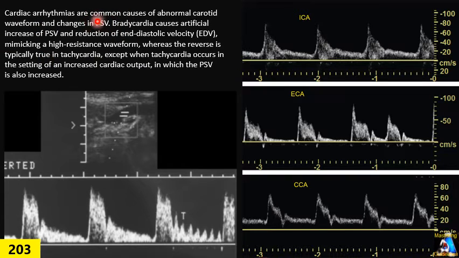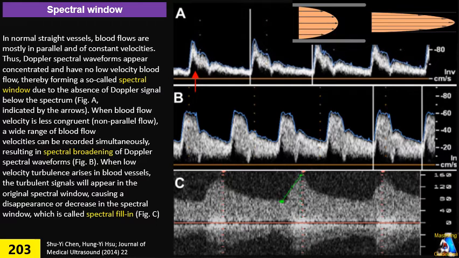So when we want to interpret that spectral, we have to keep in our mind the cardiac function and heart rate. As we know, in the carotid and other major vessels, the blood flow is parabolic. Parabolic is a type of laminar blood flow in which all the layers of blood flow at different levels of the vessel are parallel to each other, but the center is highest.